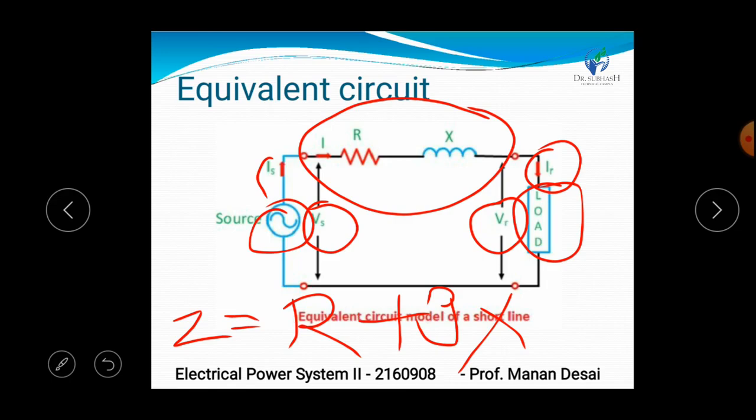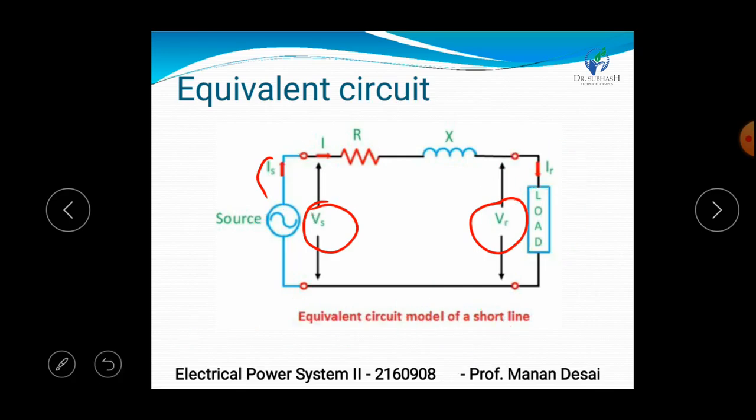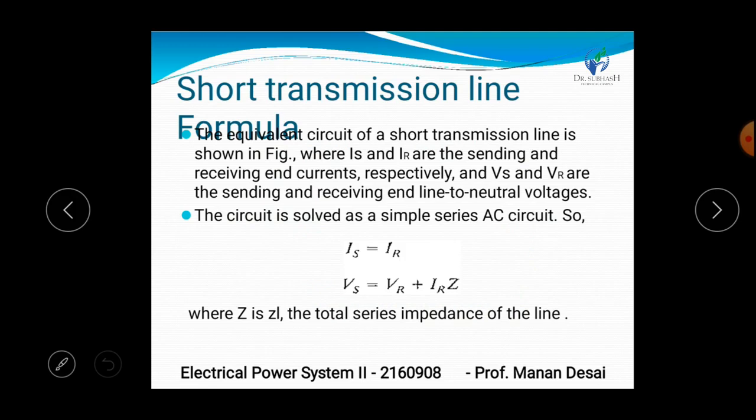And for short transmission line calculations, we have to derive the formula on the basis of IS and VS. The circuit is very simple, as we know.